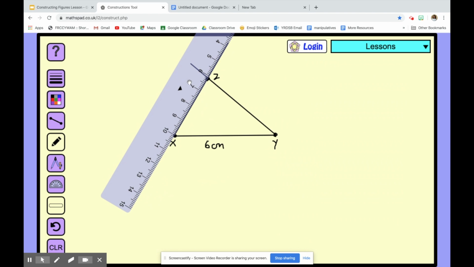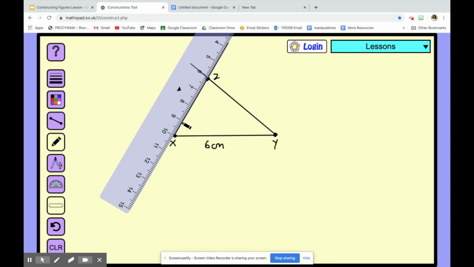So we'll just put it at the 10. My guess is that these line measurements are going to be whole numbers, not decimals. So even though right now it looks like it's a decimal number, it's not.